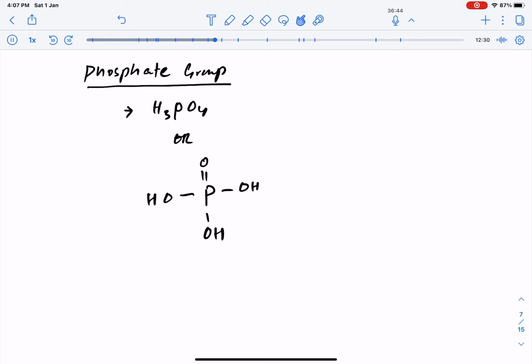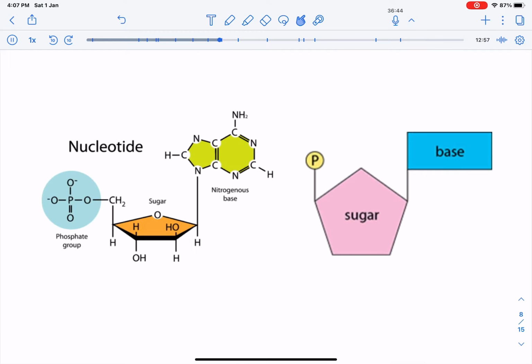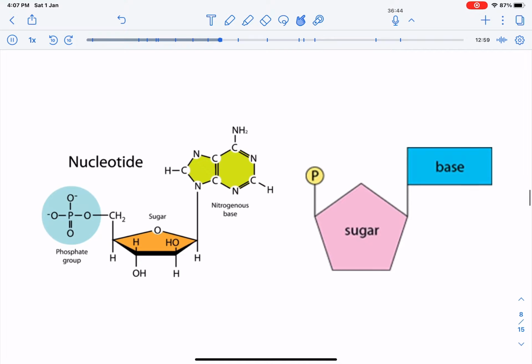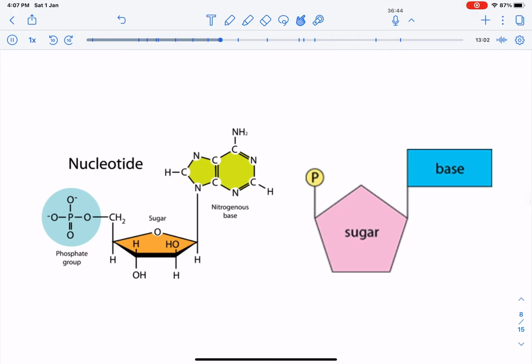Now these three components, nitrogen bases, a pentose sugar and phosphate group, are covalently bonded together to make a nucleotide. One nitrogen base binds with the sugar on carbon number 1 and a phosphate group on carbon number 5.